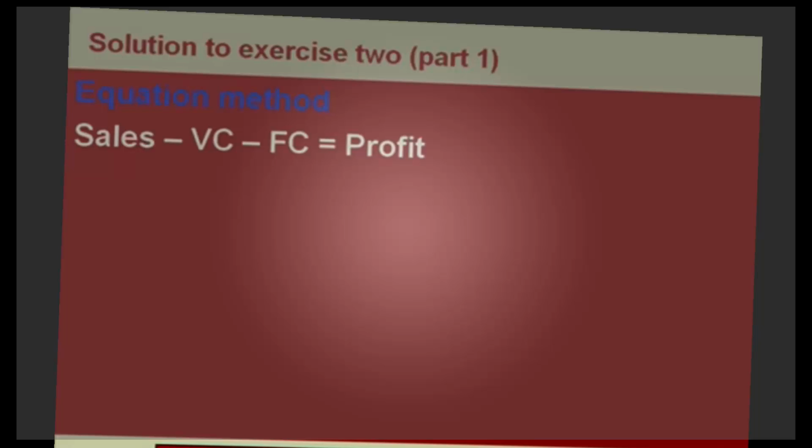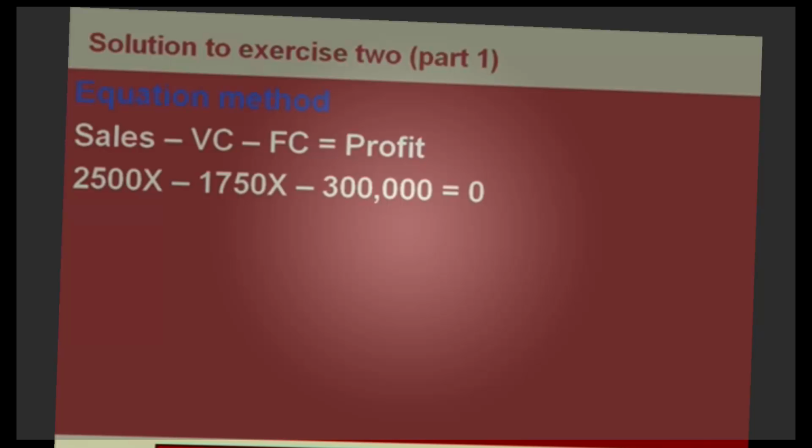So, how would it look? There you go. 2,500X is the sales, minus 1,750X is the variable cost, minus 300,000 is the fixed cost, equals, it's break even, so profit is 0. So solve for X. X equals 400 players.